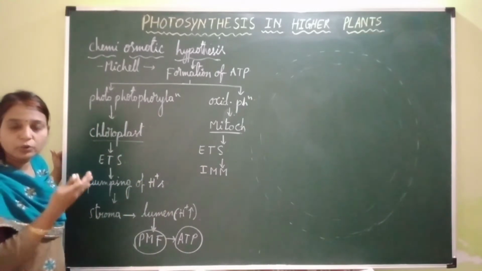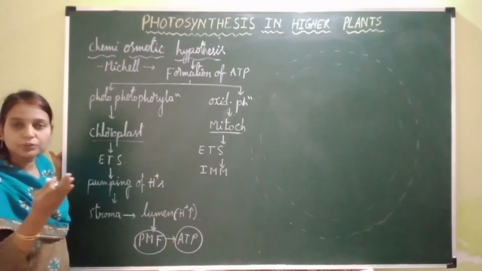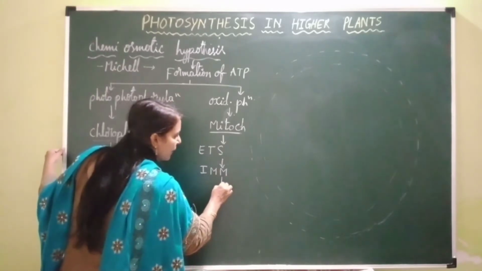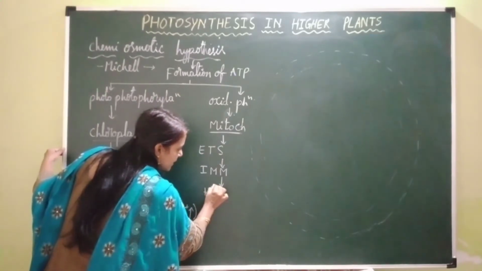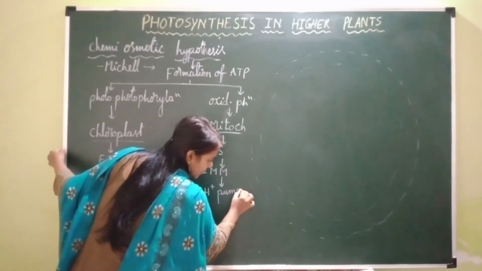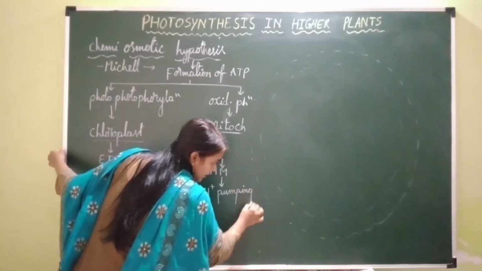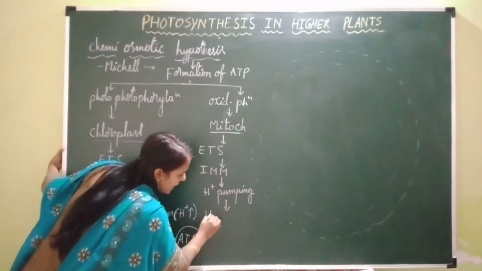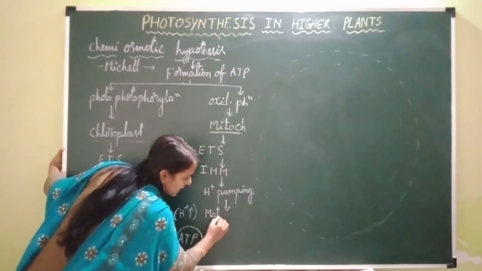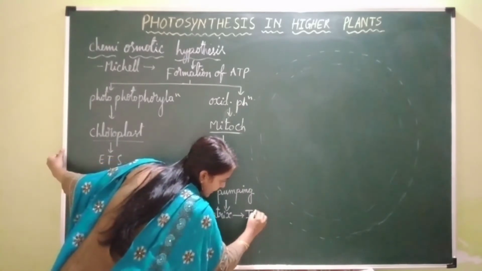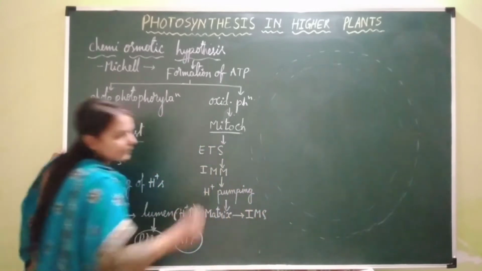When electrons are passed from one carrier to another carrier present in the inner mitochondrial membrane, proton pumping occurs from the matrix to the intermembrane space of the mitochondrion. I am writing it as IMS, intermembrane space.